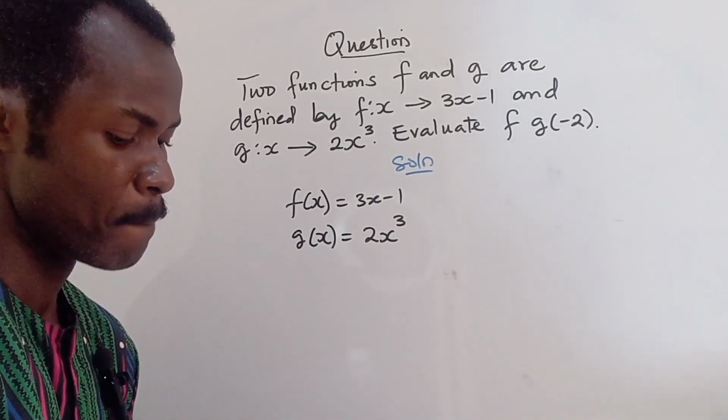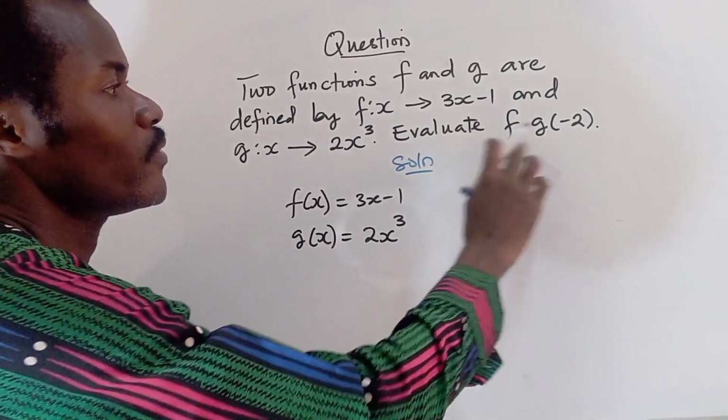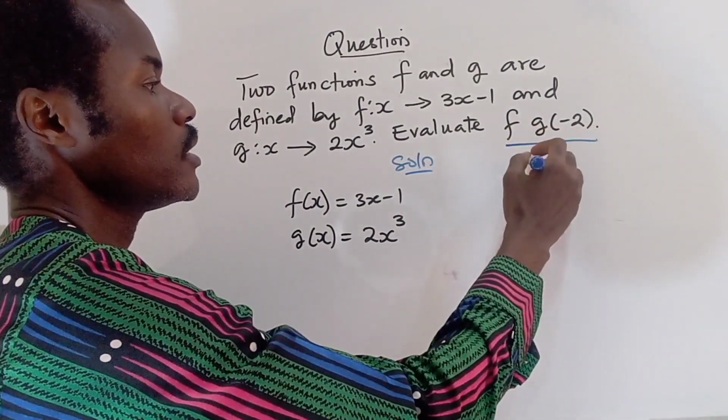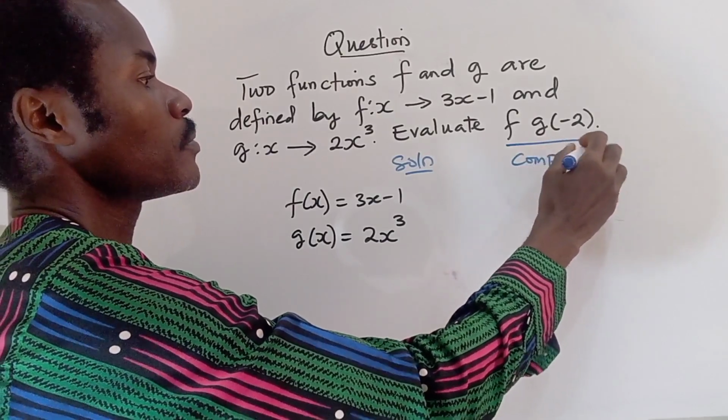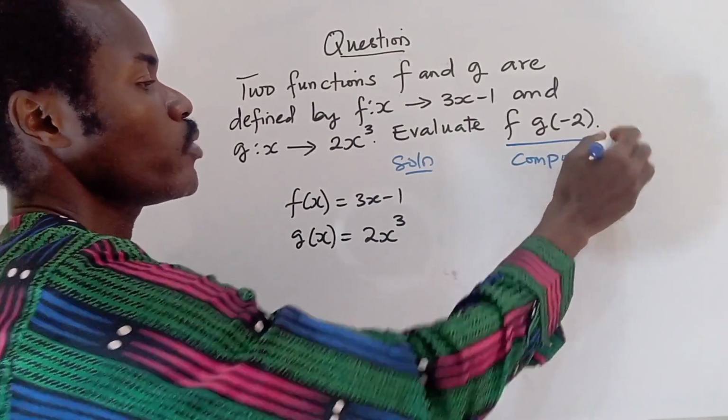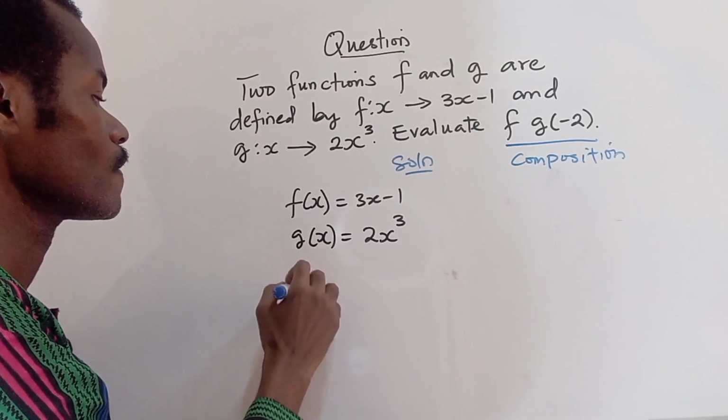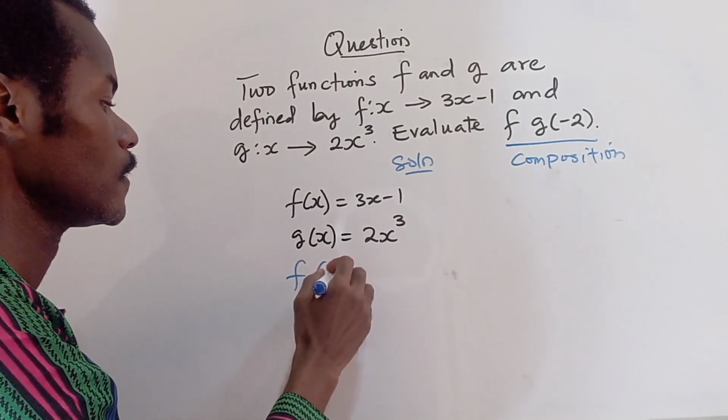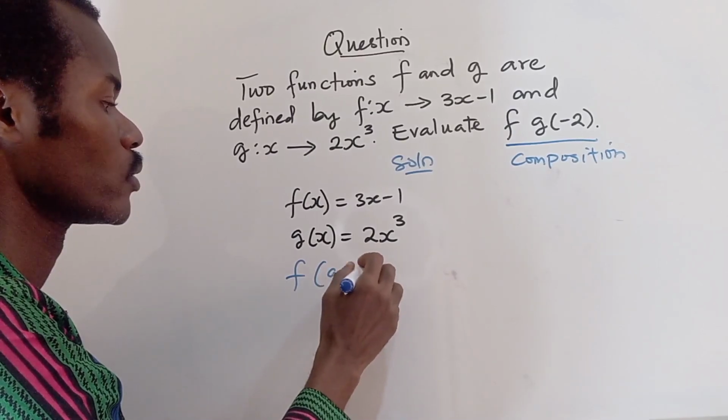This is a problem on composition of functions. So we want to solve for f of g at point minus 2.